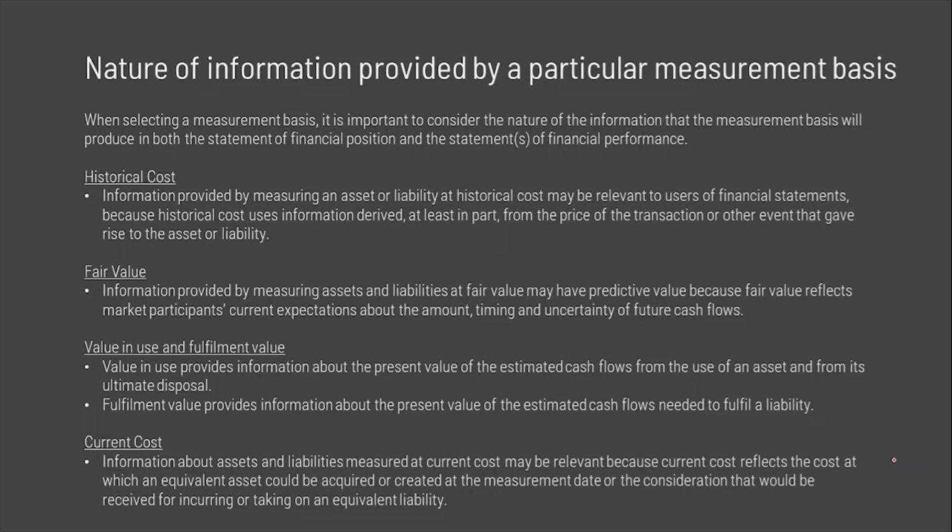For example, the gain or loss on the derecognition of an asset measured at historical cost is computed as the difference between the net disposal proceeds, if any, and the asset's historical cost adjusted for depreciation and impairment. Whereas, if the asset is measured at fair value, the gain or loss is the difference between the net disposal proceeds, if any, and the asset's fair value.